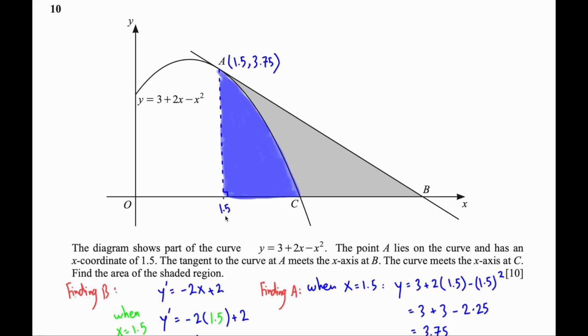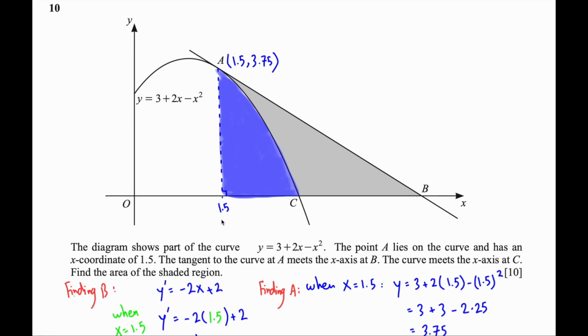So this is 1.5. If you drop a line vertically downward, it's gonna cut the x-axis at 1.5. So the goal is to find the shaded region, which is basically enclosed between the x-axis, the tangent line, and the curve. I have no further information about points B and C.